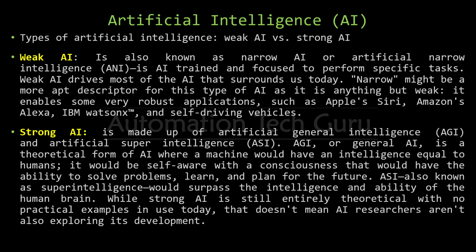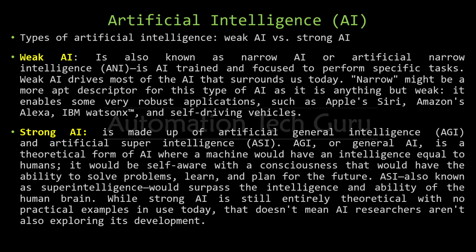Strong AI is made up of artificial general intelligence, AGI, and artificial super intelligence, ASI. AGI, or general AI, is a theoretical form of AI where a machine would have an intelligence equal to humans. It would be self-aware with a consciousness that would have the ability to solve problems, learn, and plan for the future.